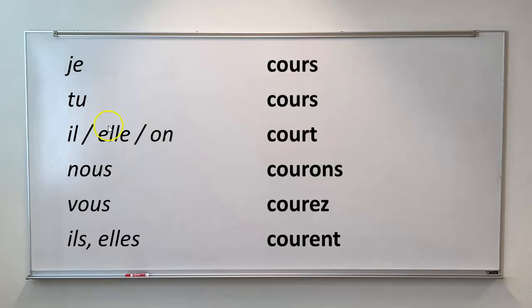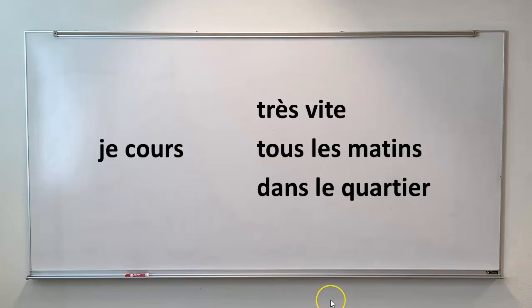Let's look at all of the possibilities here with some examples. Okay, so here's our first subject pronoun, je cours. I run, I do run, I am running. So if I want to say I run very fast in French, I will say je cours très vite. I run every morning.